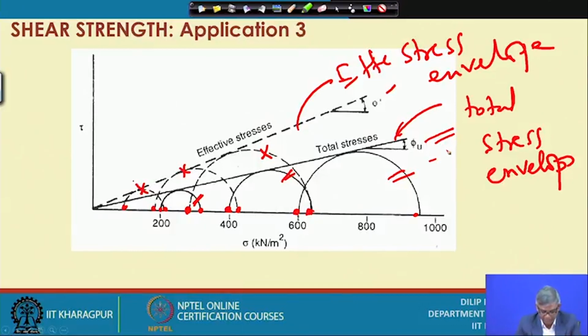Instead of doing that, as I have shown in the previous problem, it can be done a little differently. That means I can also do it mathematically, using the relationship between principal stresses, C and phi.